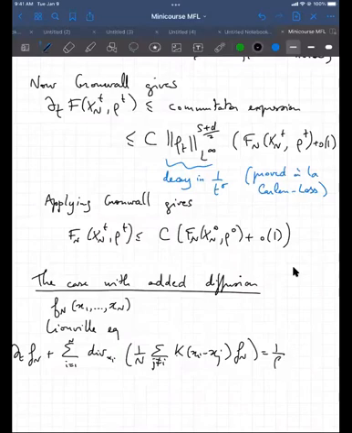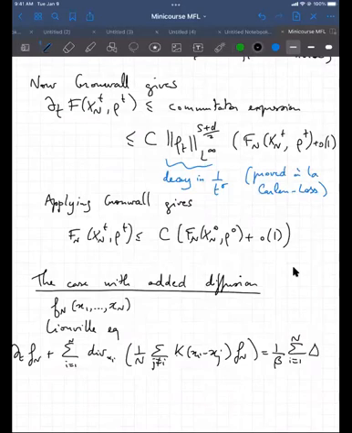I normalized things so that, where last time at the first lecture I had a 1/2 beta, let me just change 2 beta into beta, so we don't have a 2 floating around.